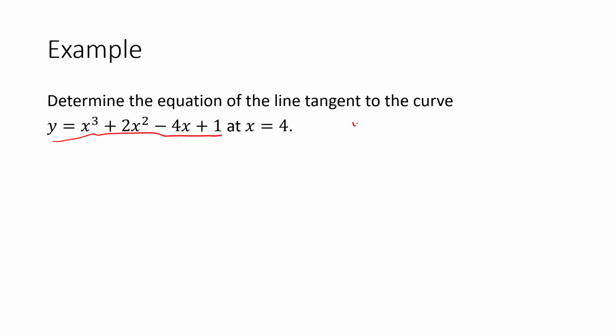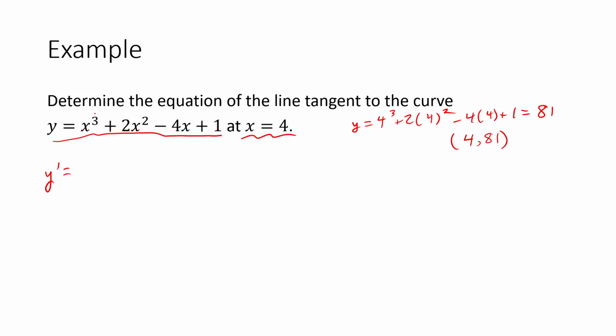At x equals 4, y will equal 4 cubed plus 2 times 4 squared minus 4 times 4 plus 1. That's equal to 81. So we know that at x equals 4, the y coordinate is 81. In other words, our tangent line will be going through the point 4, 81. Let's get the slope, which means let's determine the derivative.